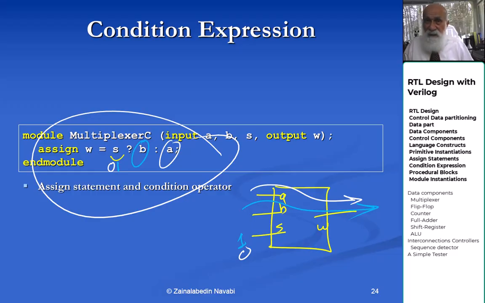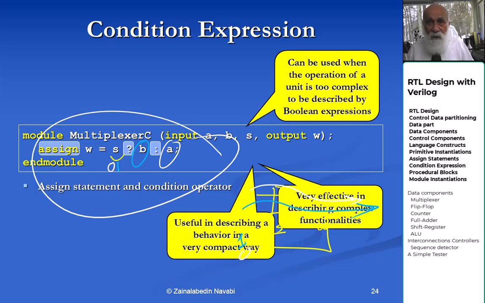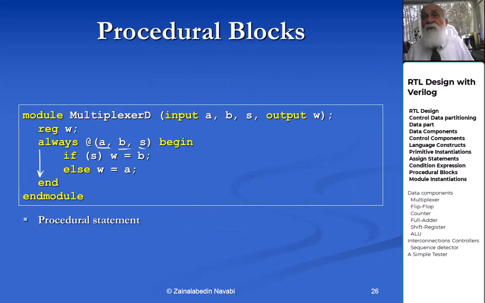Okay, it gets easier and easier as I go forward. And this becomes a description of the multiplexer with a lot of flexibility, with a lot of if-then cases and case statements and things like that, describing the same multiplexer.